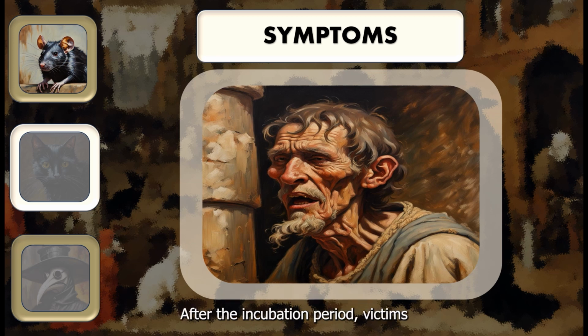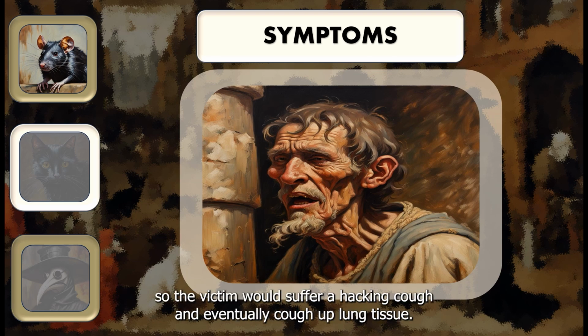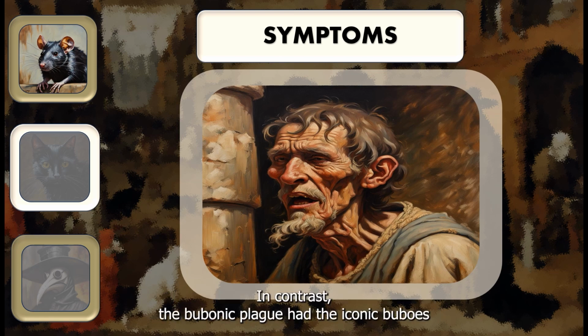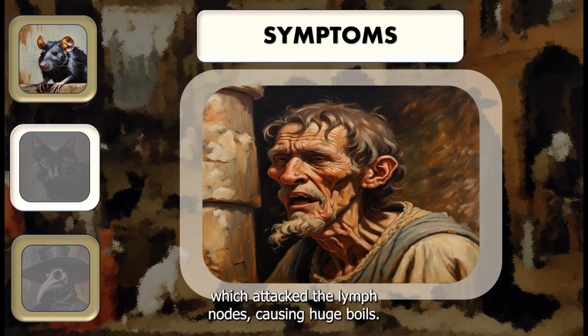After the incubation period, victims would develop a fever, nausea, or vomiting. For the pneumonic plague, the disease would attack their lungs, so the victim would suffer a hacking cough and eventually cough up lung tissue. In contrast, the bubonic plague had the iconic buboes, which attacked the lymph nodes, causing huge boils.